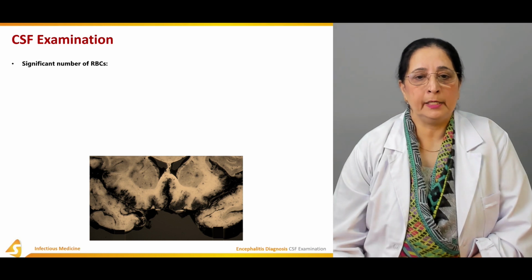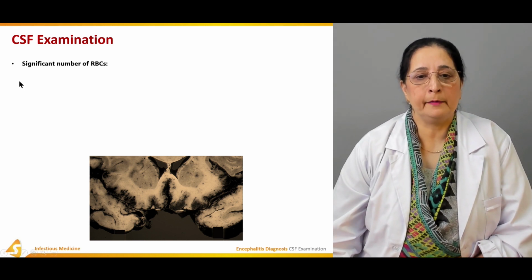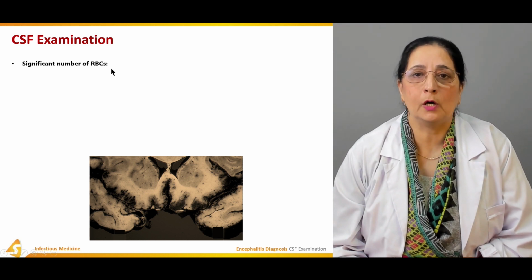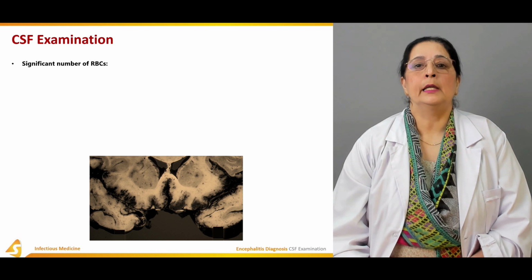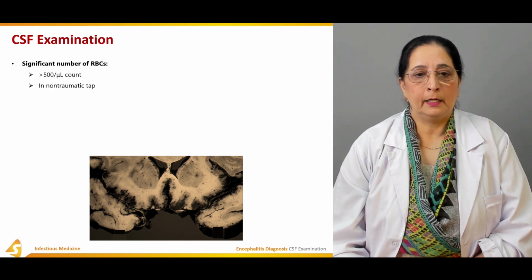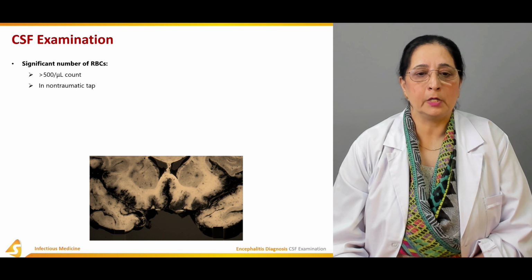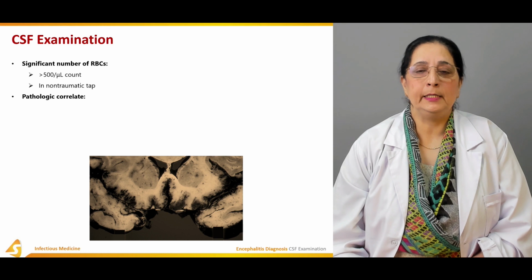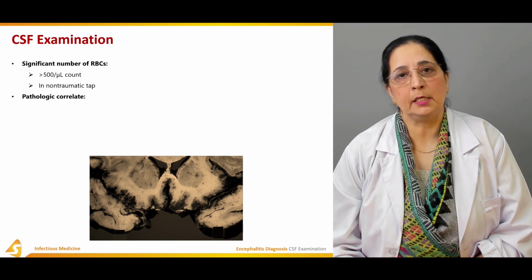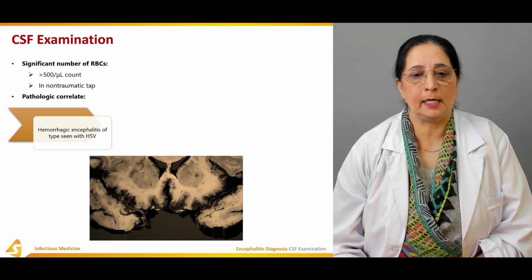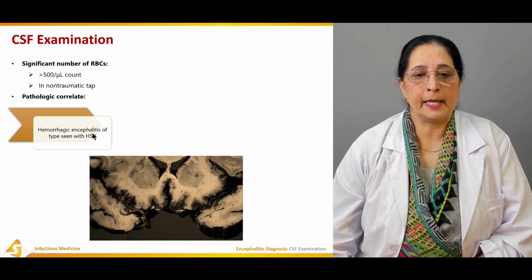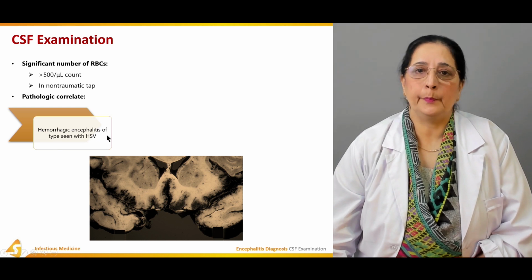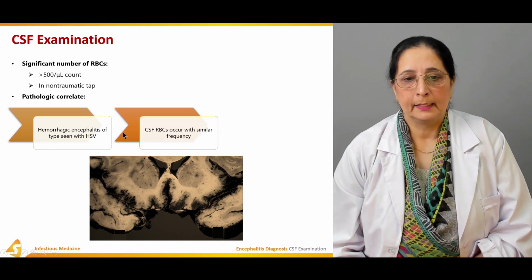It also gives the number of red blood cells. A significant number of red blood cells, more than 500 count in a non-traumatic tap, may be present on the examination of cerebrospinal fluid. Usually the pathologies associated with increased red blood cells include hemorrhagic encephalitis of the type seen with herpes simplex virus.